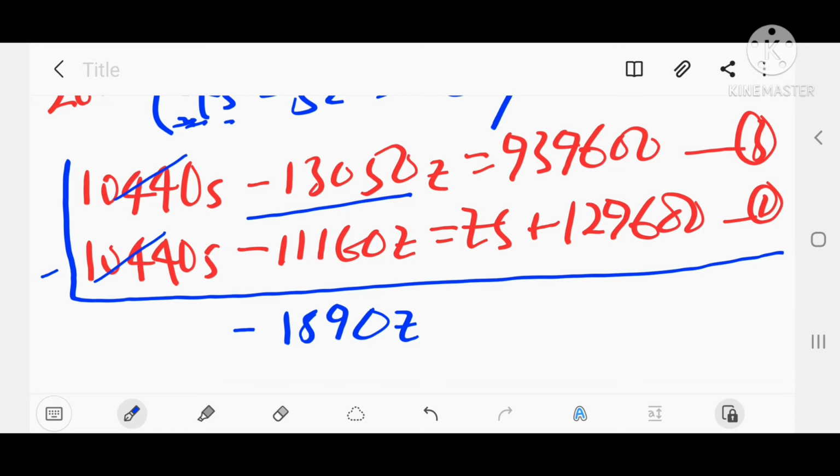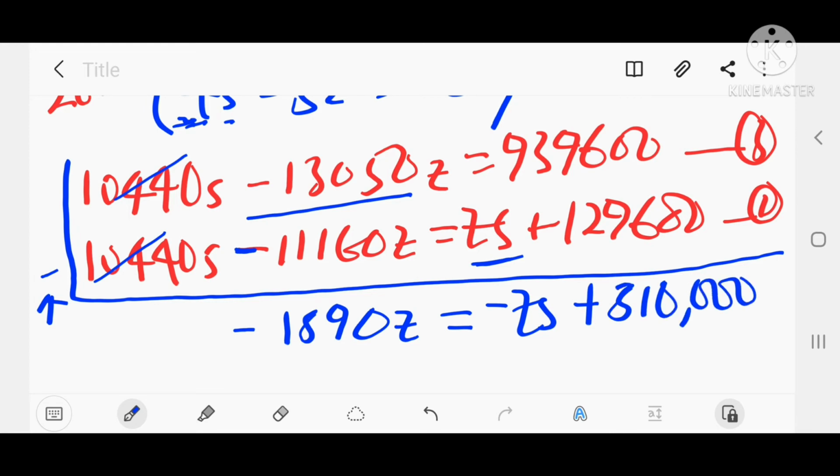The negative here will affect this minus to become positive, so we end up subtracting and we get a final answer that is negative. So this equals, this minus will also affect this, so we have minus zs plus 810,000. That is it. Then we should continue again.